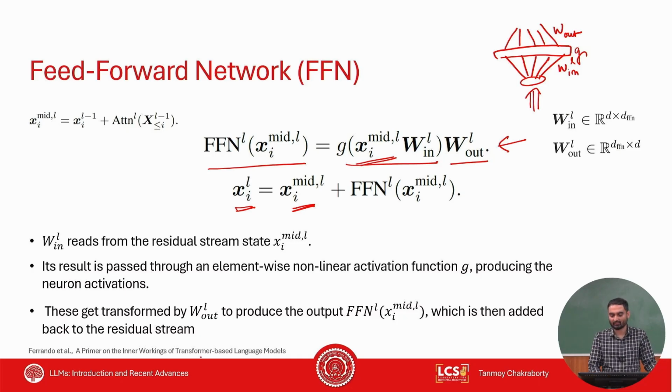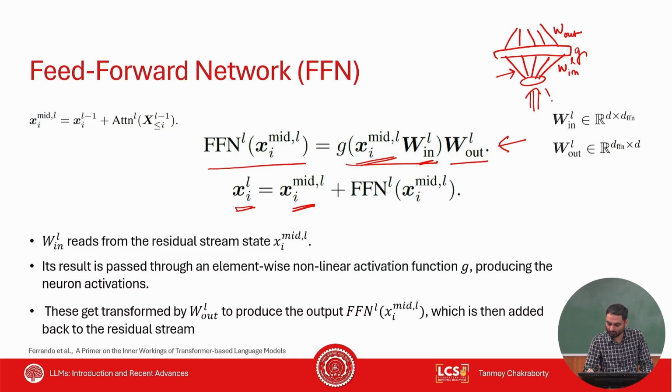Although this looks like a very simple operation, if you look at it very carefully, there are very interesting observations that you can infer out of this equation. Let's focus on the dimensions. W_in^L, please pay attention to this notation. What is the dimension of this?